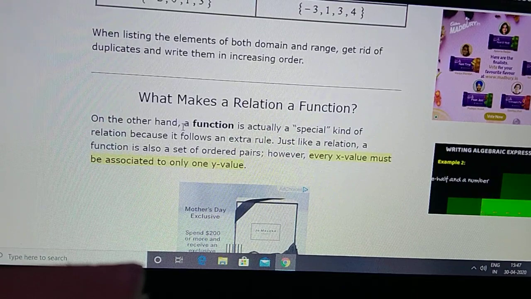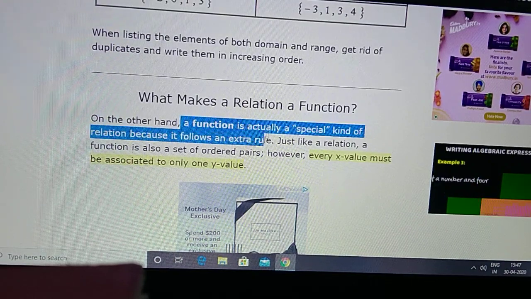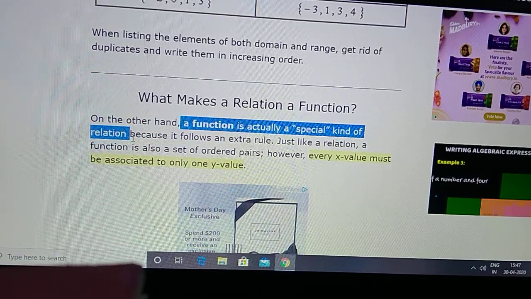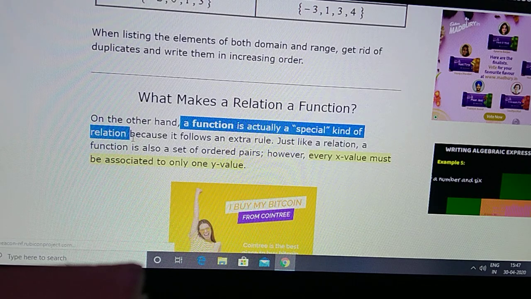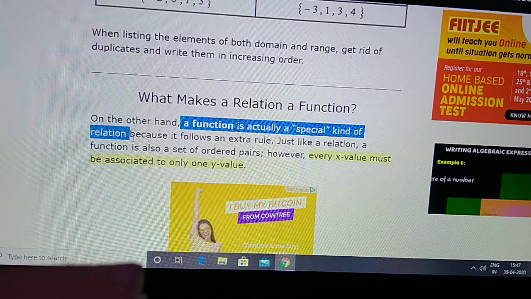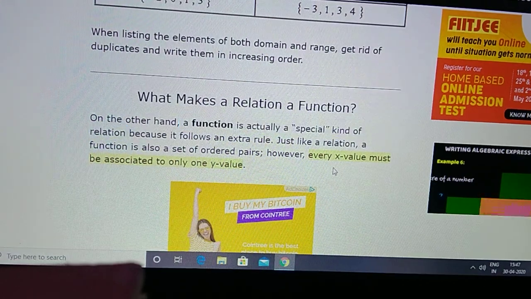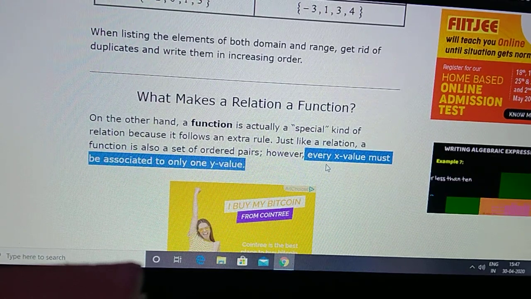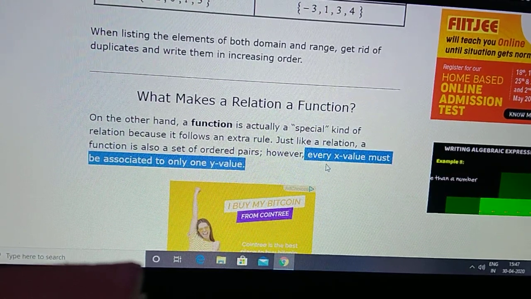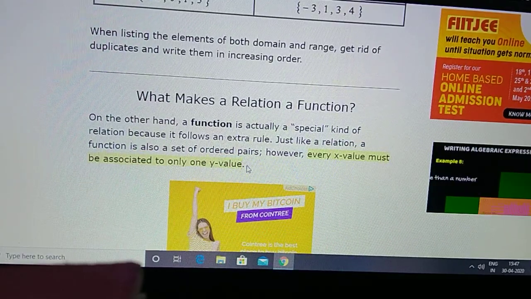A function is actually a special kind of relation. We just need to understand this one. It means not all relations are functions, but every function is a relation. It is written here that every x value must be associated with only one y value.